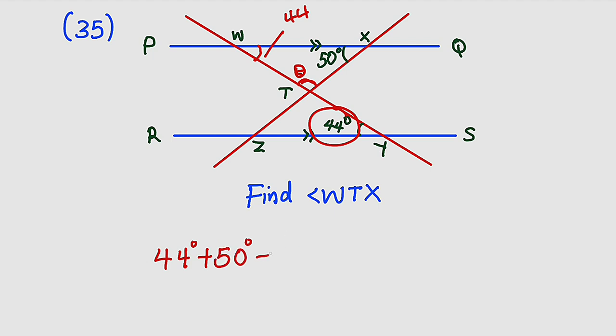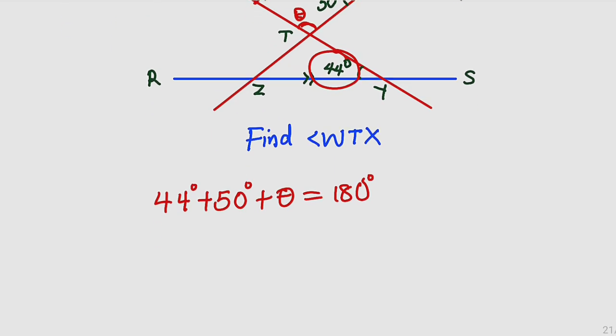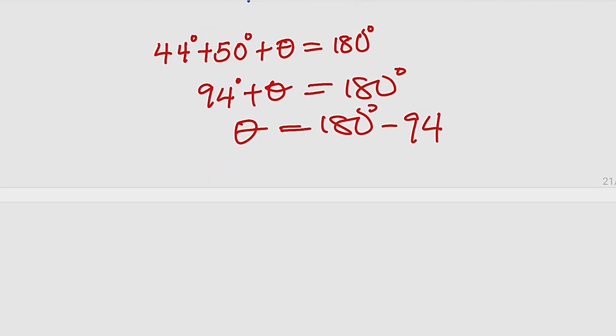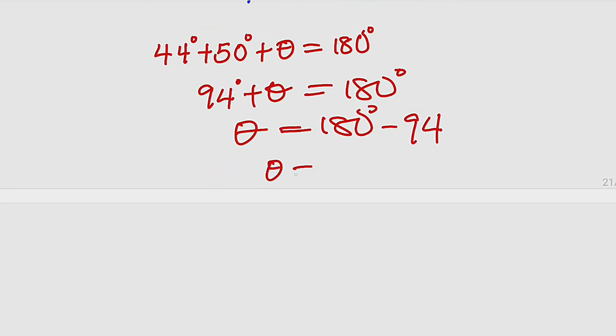Remember, you are dealing with objective questions. So 50 and 44 is 94, right? Degrees plus theta equals 180. Remember, we are looking for theta. So theta will be 180 degrees minus 94, which I think is 86. So theta is equal to 86 degrees.